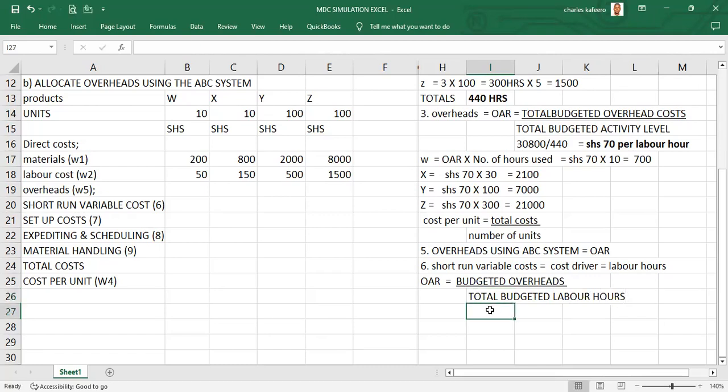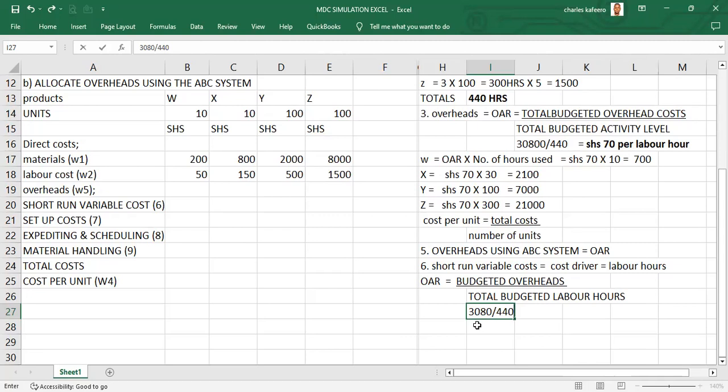And the total budgeted labor hours, we computed them. The total budgeted overhead for the short run, they had given us as 3080. So we get that 3080, we divide that by the total number of labor hours, which is 440.